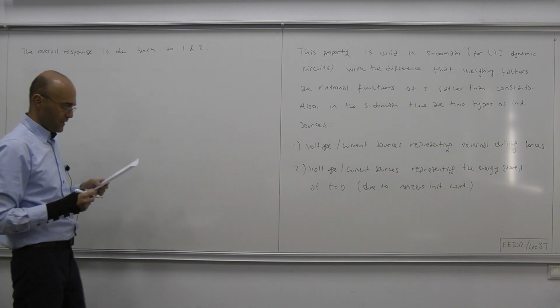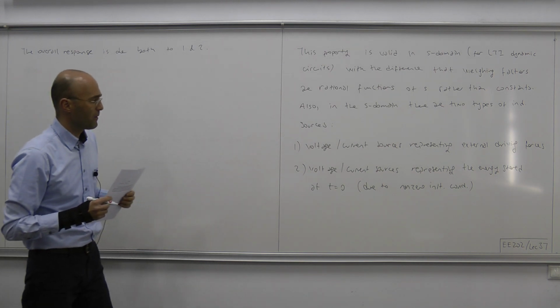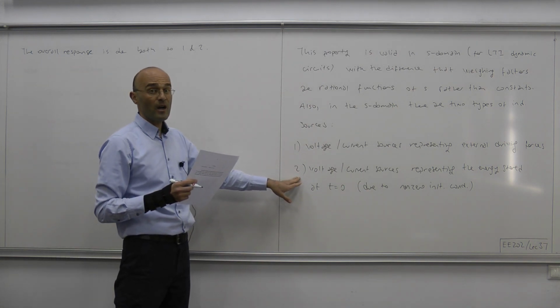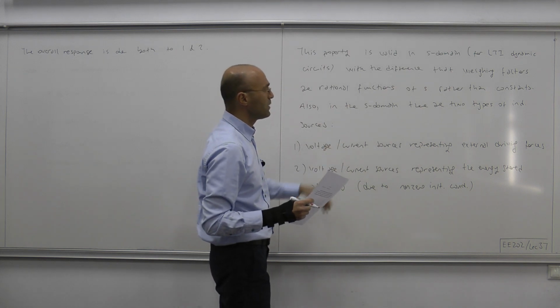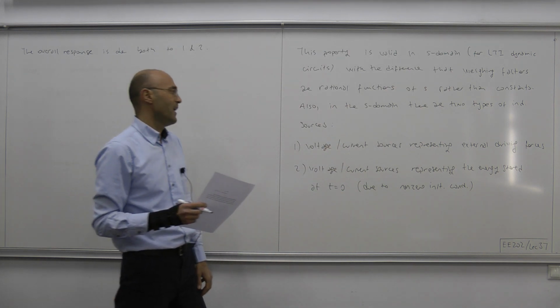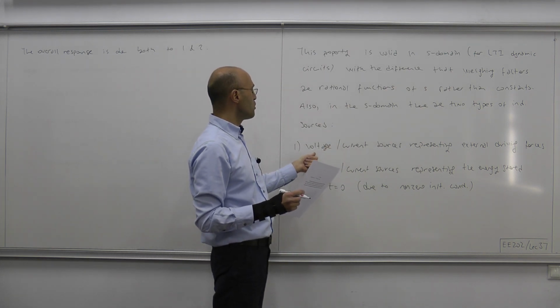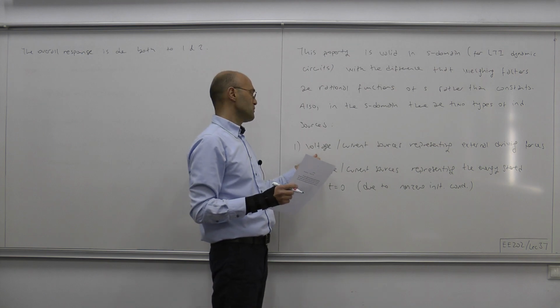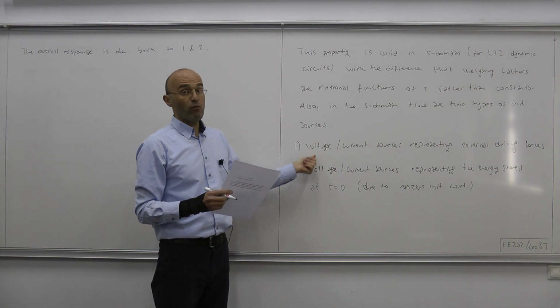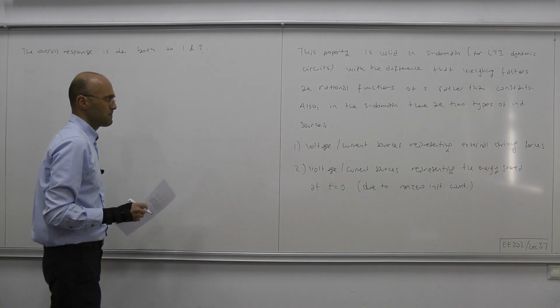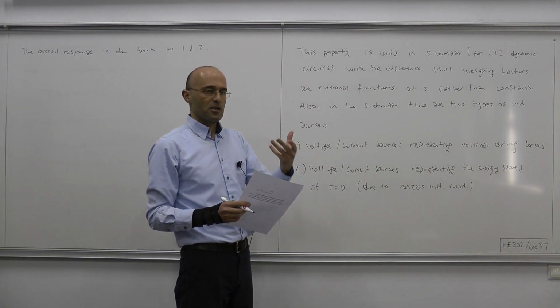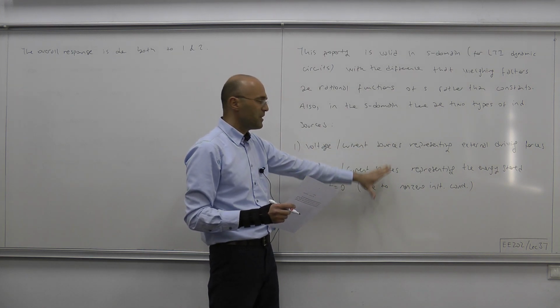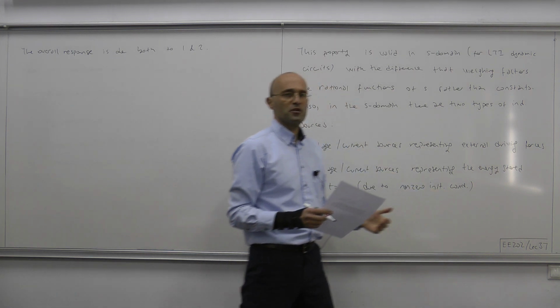Now, if we kill the sources that belong to type 2, so that's if we assume all the initial conditions to be 0 and compute the response due only to inputs of type 1, then what we obtain is the zero state response. It's zero state response because we're killing the sources that represent initial conditions.